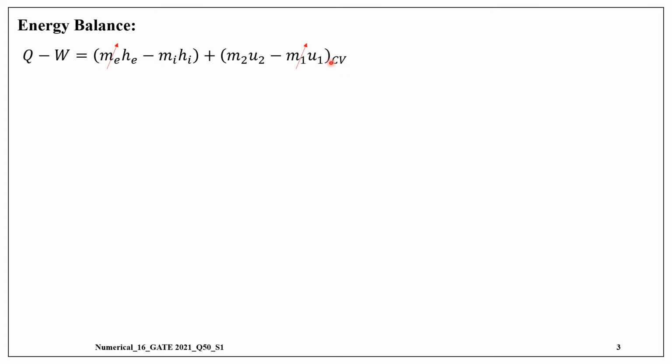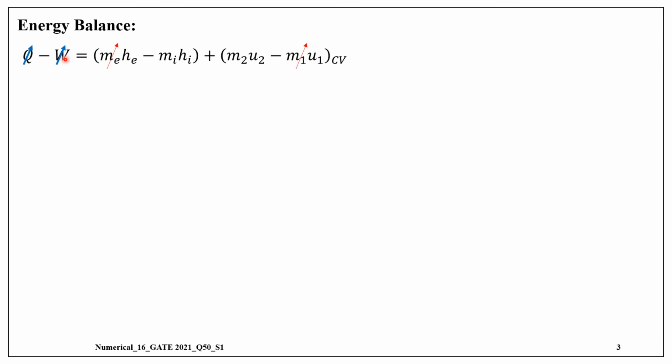In this equation, as per our earlier discussion, we can substitute 0 for Me and M1. Also, there is no involvement of heat transfer and work transfer. It is insulated. There is no heat transfer and no work is done. Simply the air flows through the valve.